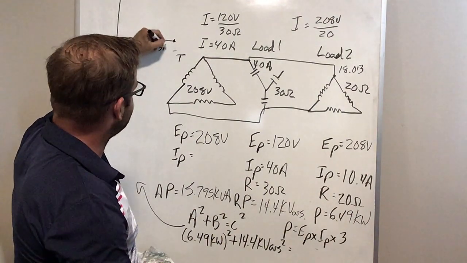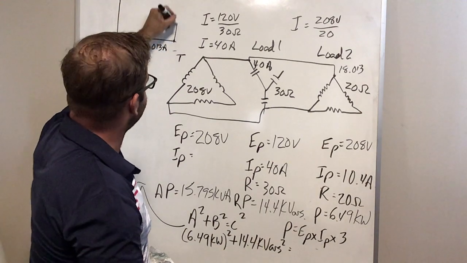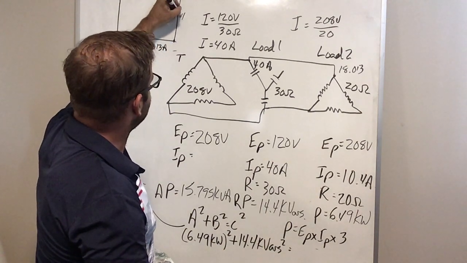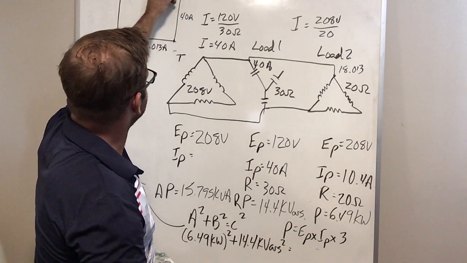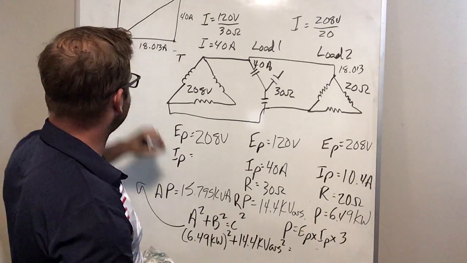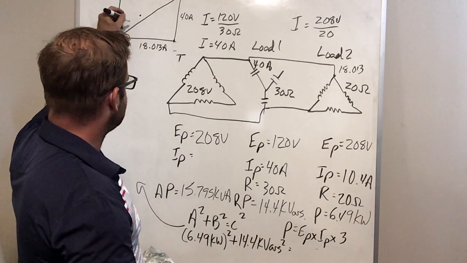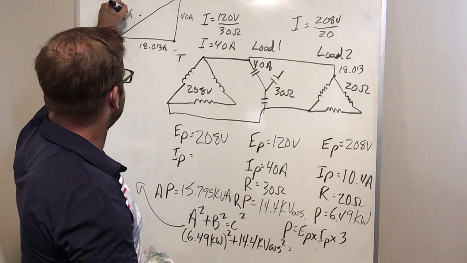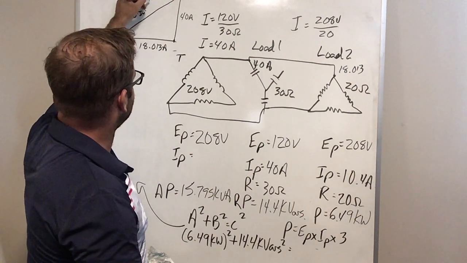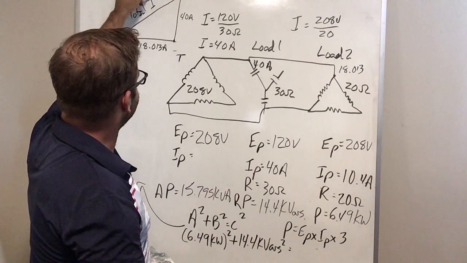and we get 18.013 amps for a resistive current. Our capacitive current is 40 amps. And now we need to find what the hypotenuse is, and this will give us our total current.